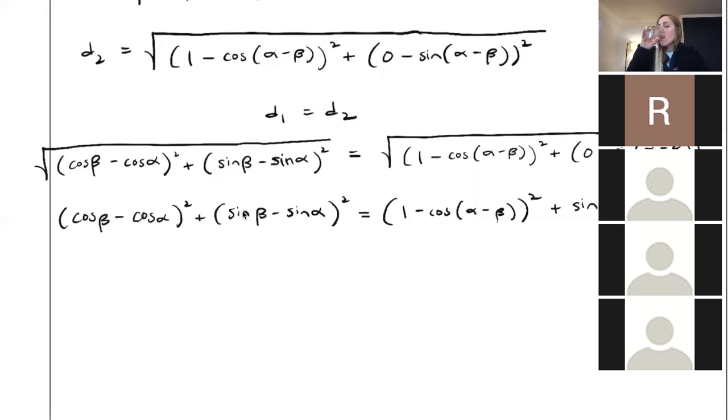But isn't it a negative sign? Right, but what happens if you square a negative? Oh, duh.